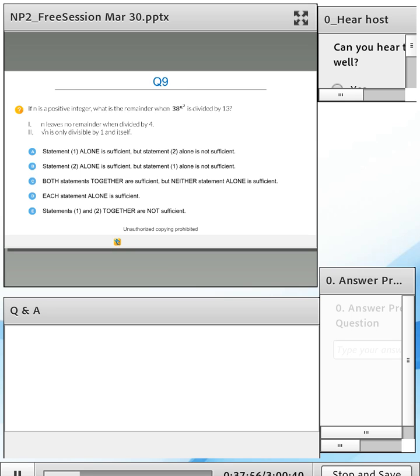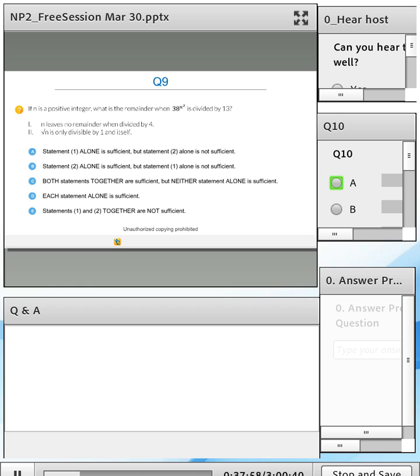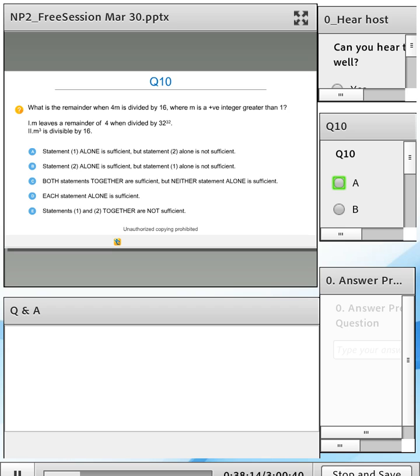Actually, before that, let's just get everyone to click on still solving, please. Then I'll show you question number 10. Okay, here you go. Question number 10.